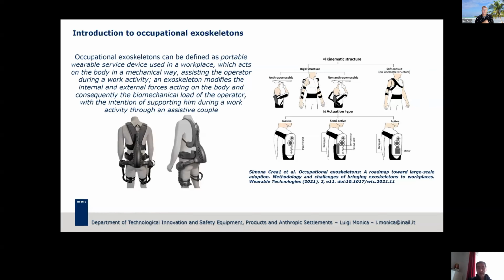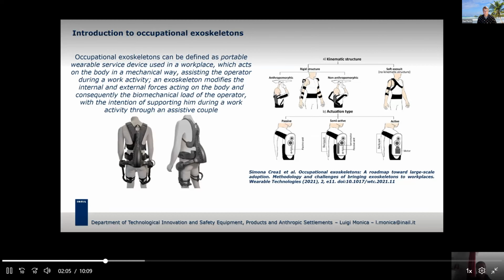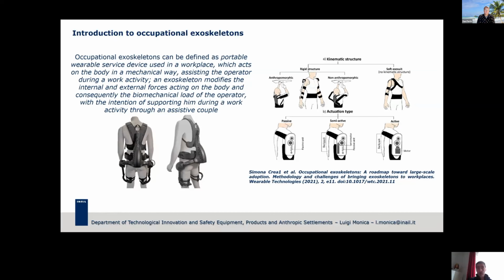For the description of the devices and related case studies presented, we used a classification from a recent article. It is a classification on kinematic structure: exoskeletons are classified as rigid structure, anthropometric or non-anthropometric, and soft exosuit with no kinematic structure.